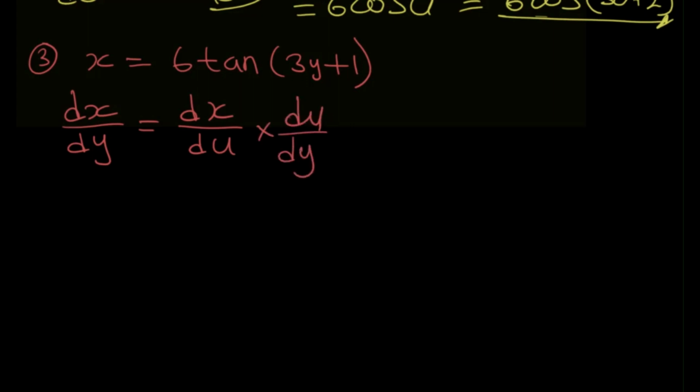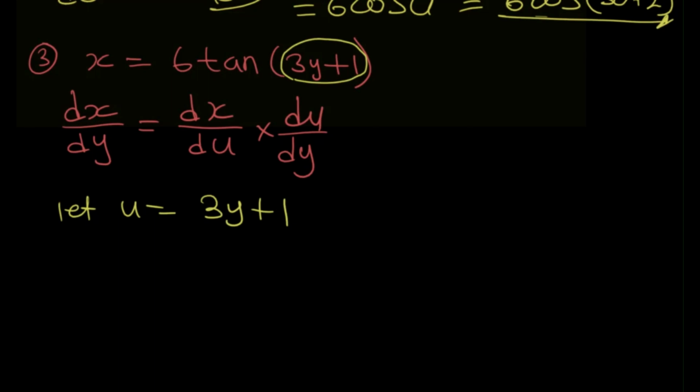So we need to get dx over du, and we need to find du over dy. So let's go ahead and define our u, function of a function, remember. So let u be equal to 3y plus 1.